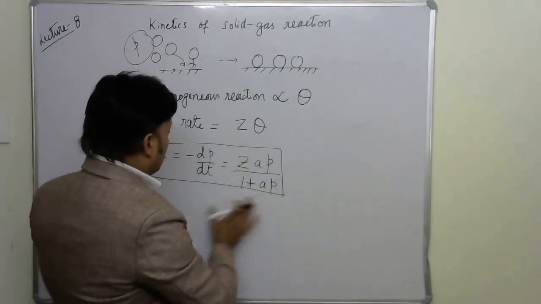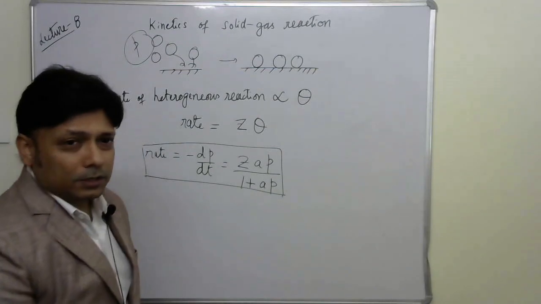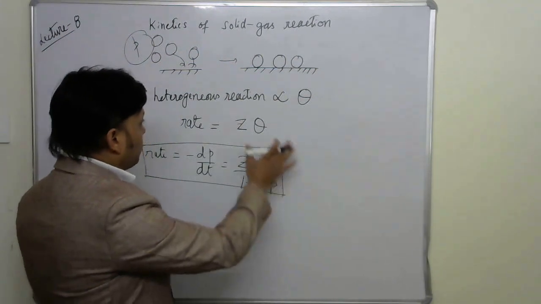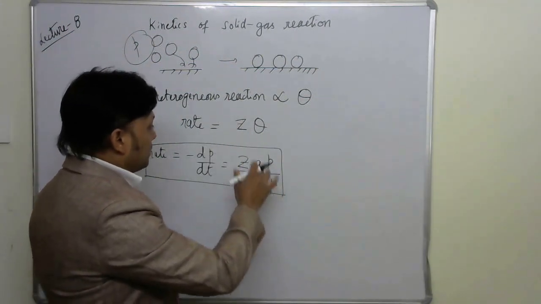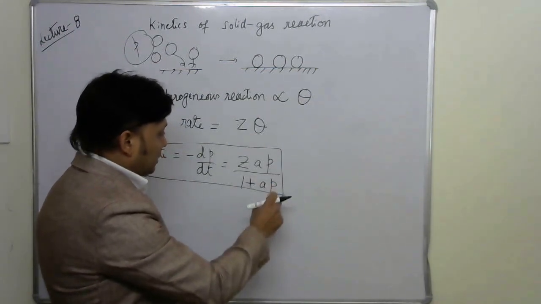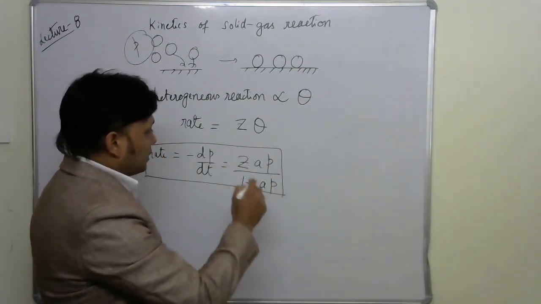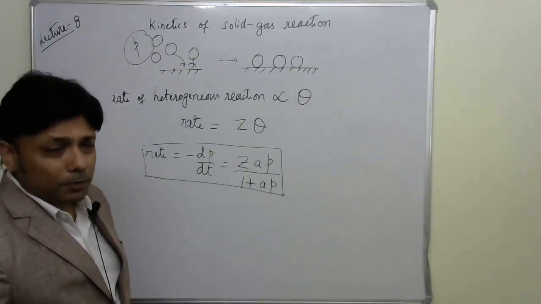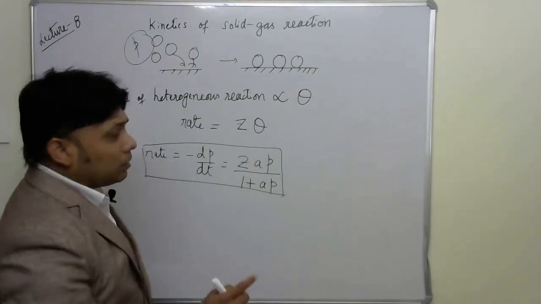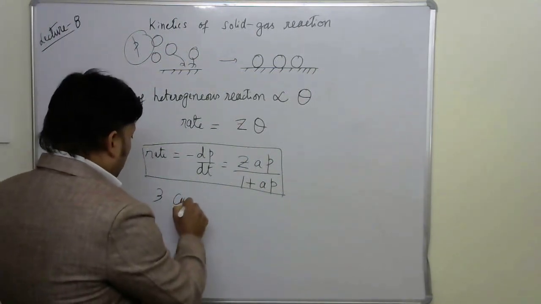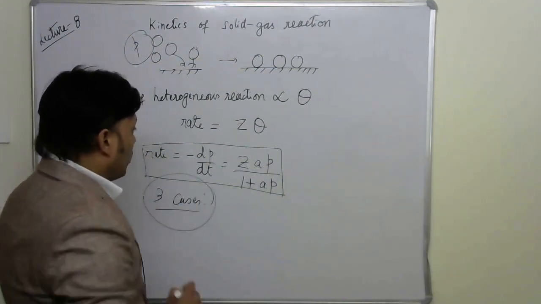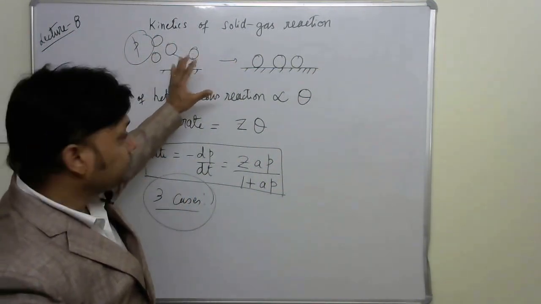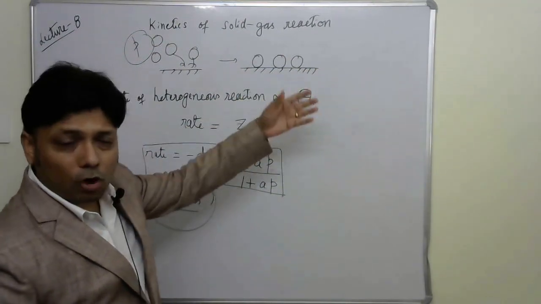Now this rate equation is very simple, and it follows the basic principle of adsorption; this kinetics is based on Langmuir's adsorption equation. Right now we are going to consider three cases. In one case, only one type of gas molecule gets adsorbed and forms the product.